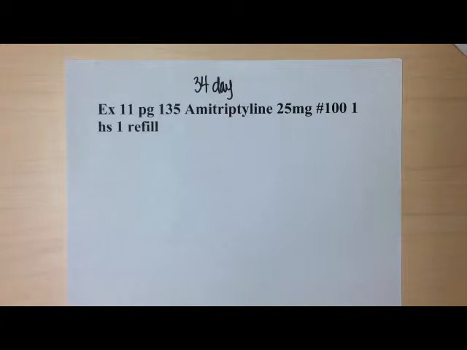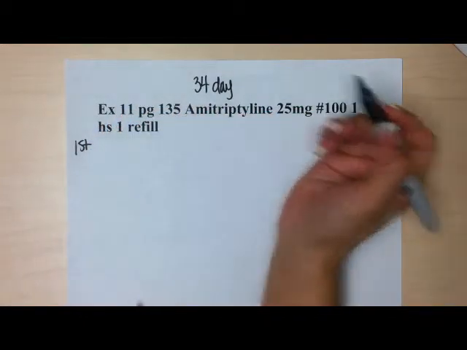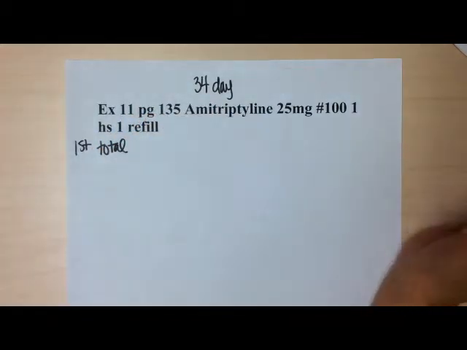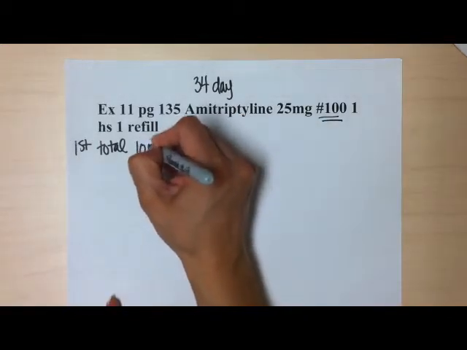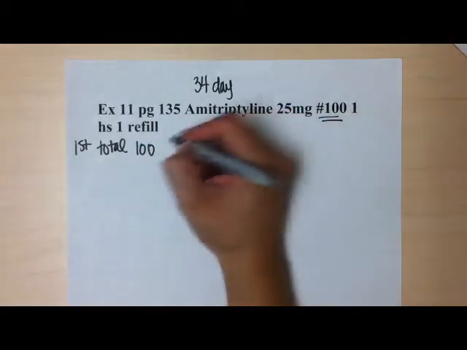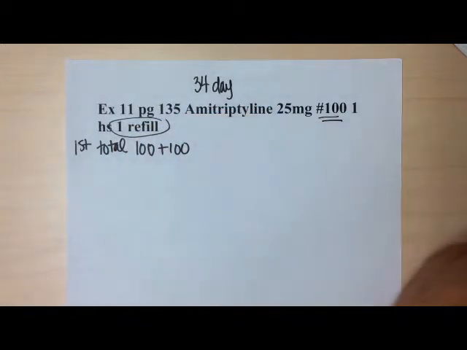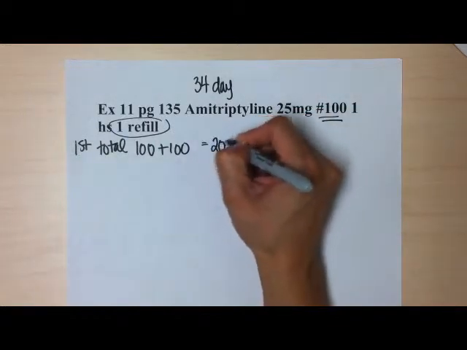So for these types of problem, first you want to calculate the total amount that's prescribed. So we see here that we have 100 tablets plus another 100 because we see this 1 refill. So the total number of tablets prescribed here is 200 tablets.